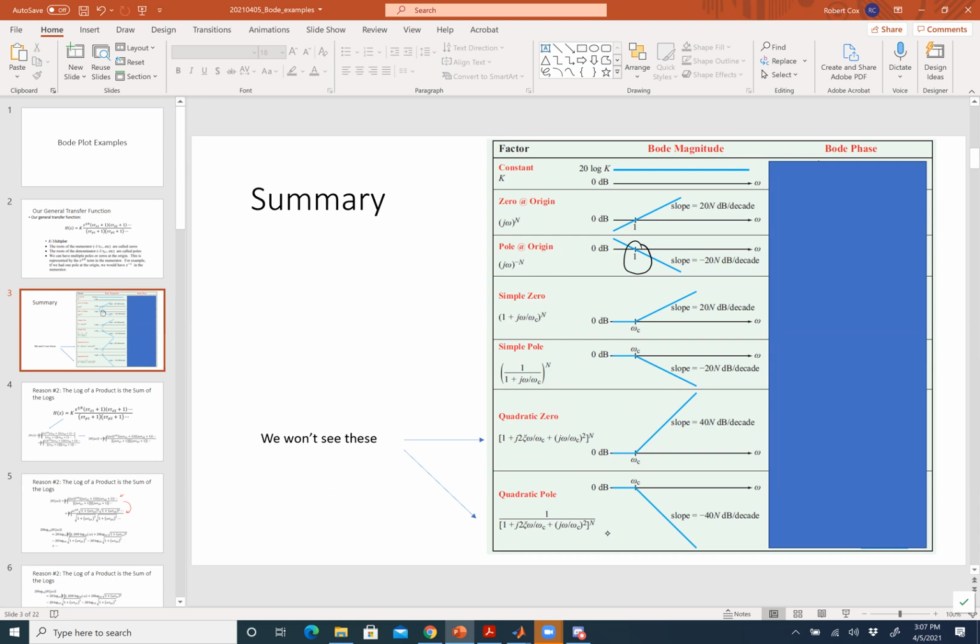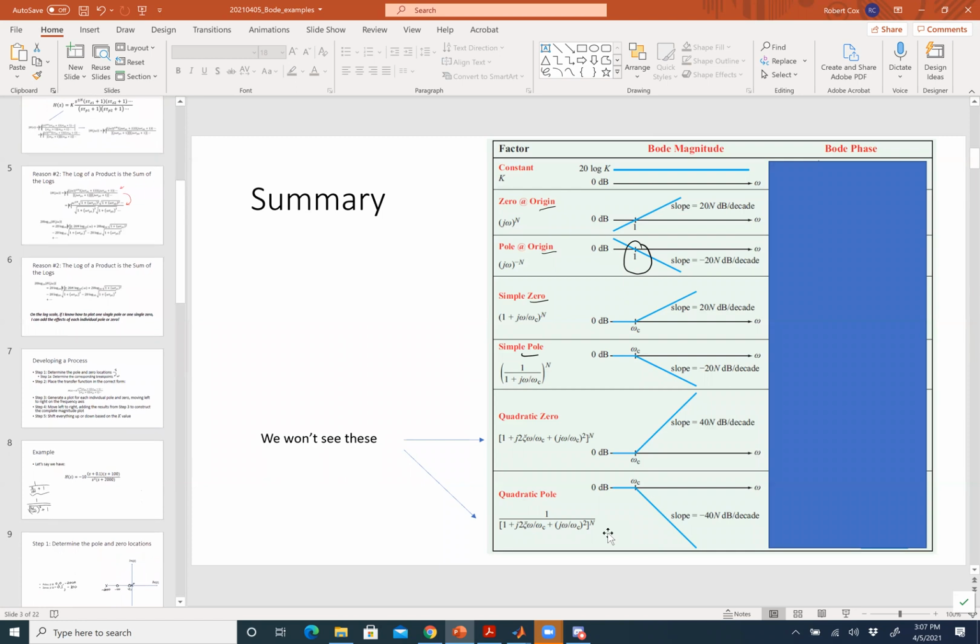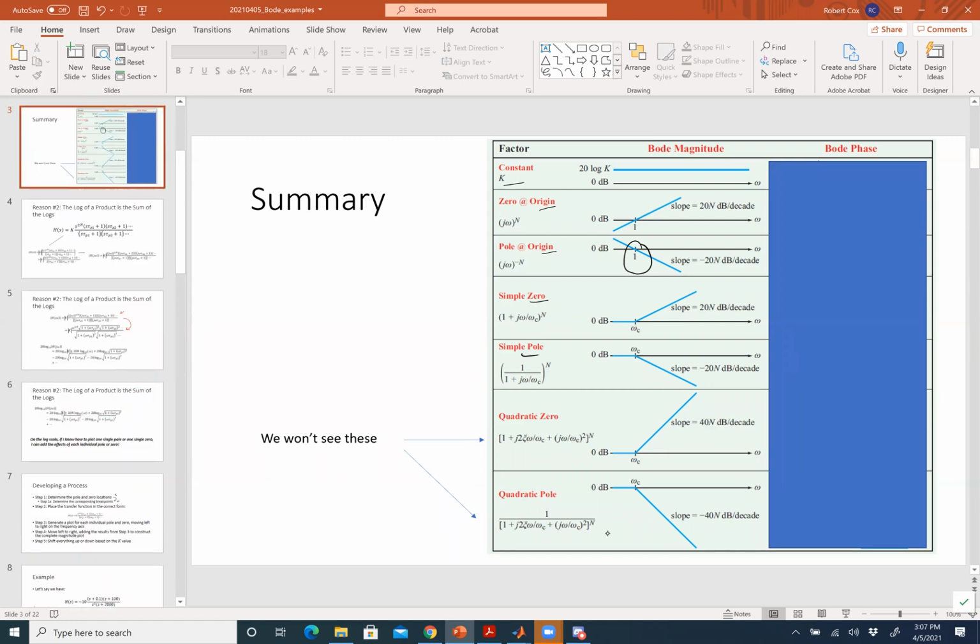He crosses through 0 dB at omega equal to 1. Basically everything is just a matter of these 4 building blocks: the 0 at the origin, the pole at the origin, the simple 0, and the simple pole. We plot those building blocks and we just build with them. And then at the end, we deal with this K.